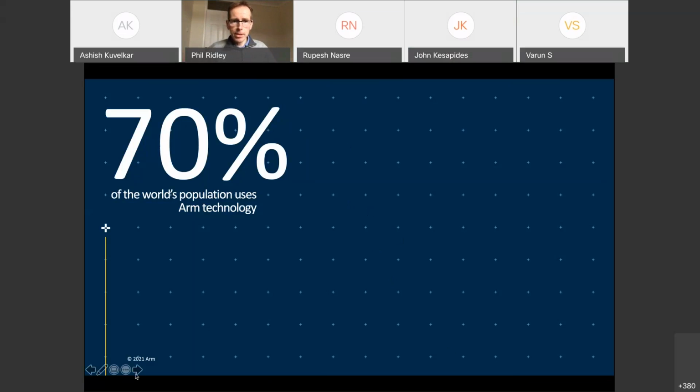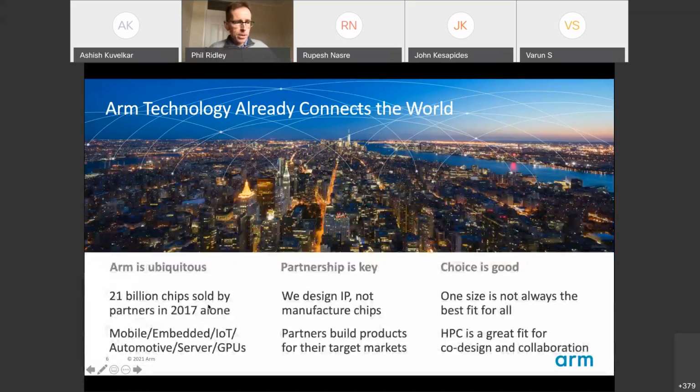Okay, so to summarize, ARM technology is everywhere. I'm going to talk a bit more about how we work with our IP design, because one thing that you may or may not be aware of is that we don't actually fabricate processors.